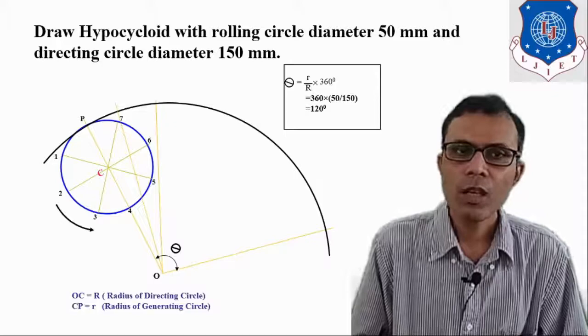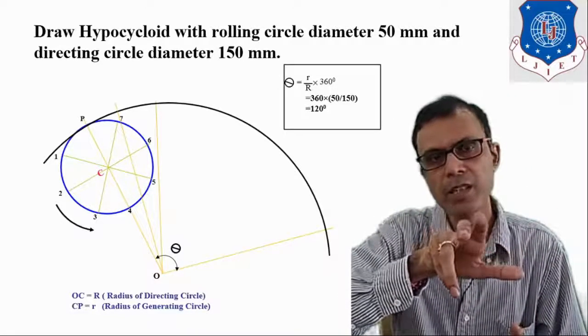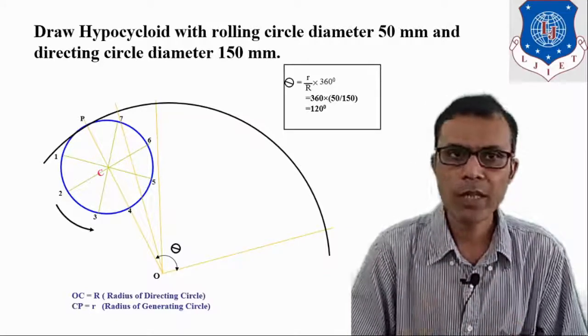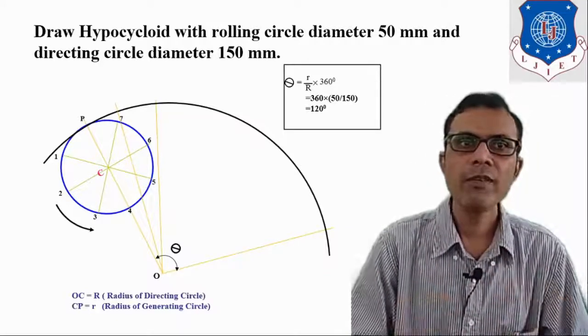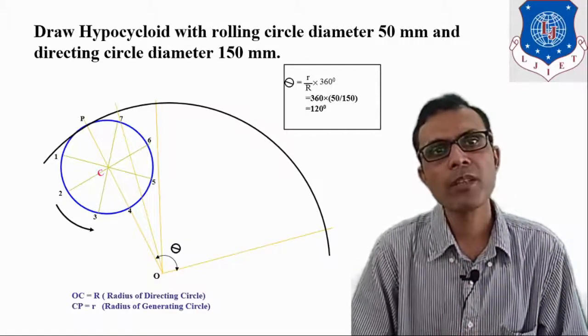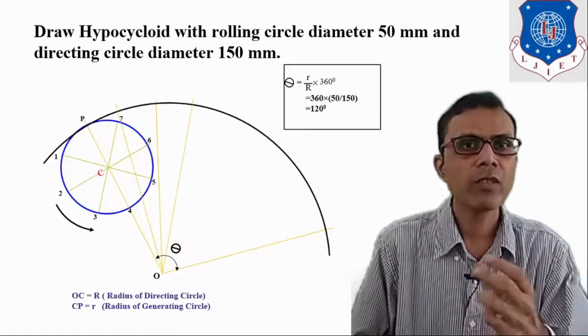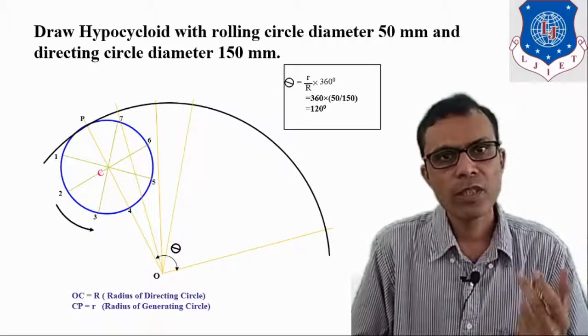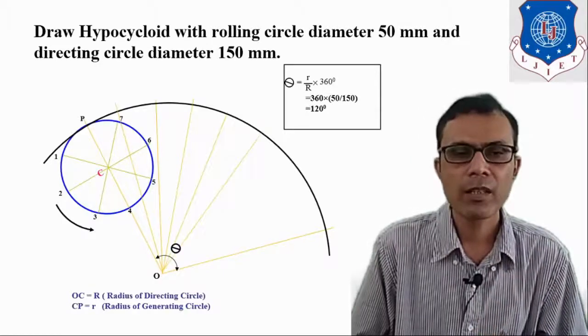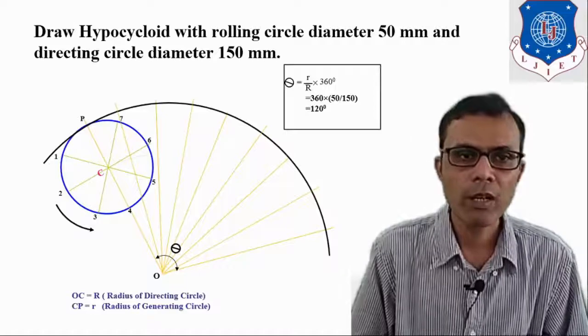Now here also we have to divide that theta segment into 8 equal divisions, because we have divided the circumference of the rolling circle also into 8 divisions. So 120 divided by 8, that would be the answer for the angle of one segment. So now we are dividing this theta into 8 equal parts.